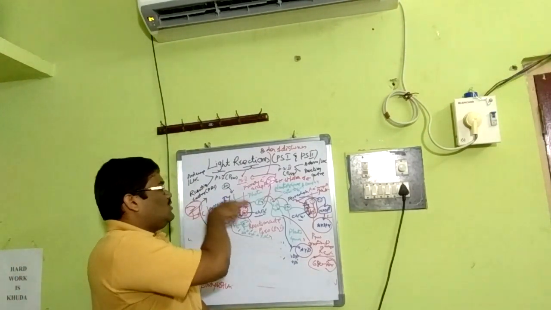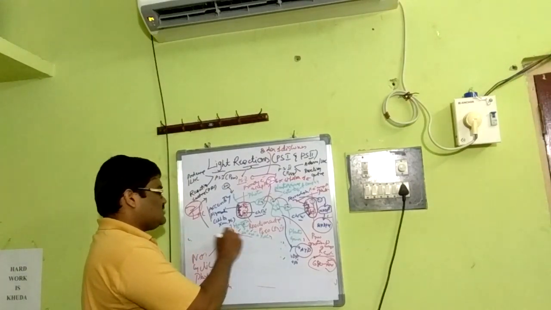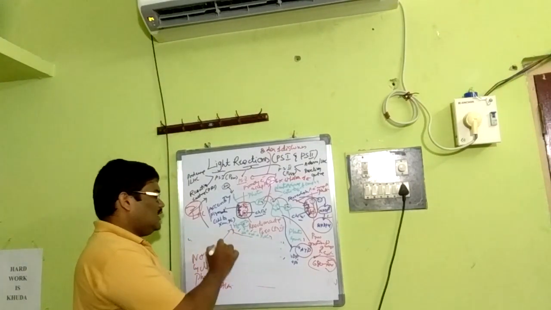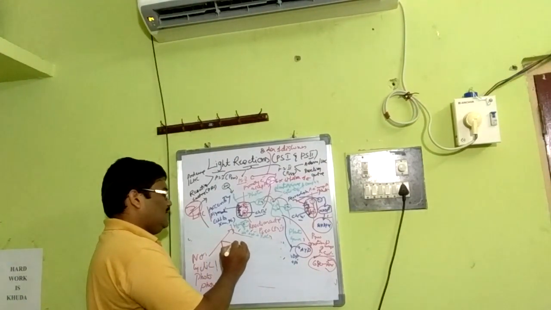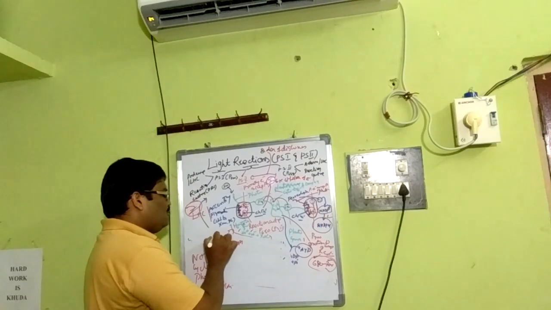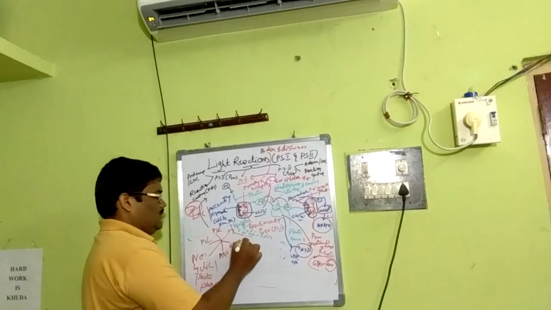Here there is no such thing. The entire scheme is considered non-cyclic photophosphorylation. The two products are ATP and NADPH. It involves both photosystem 2 and photosystem 1.